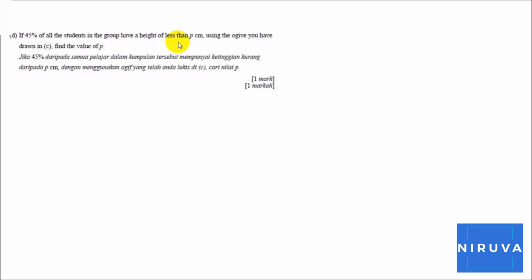So if 45% of all students in the group have a height less than p, so 45 over 100 times the total number of students, which is 40, will be equal to 18. Okay, so we have 18 students.